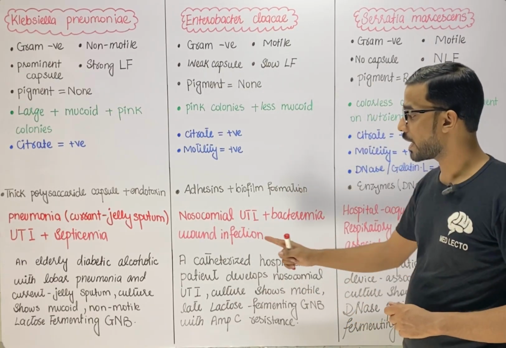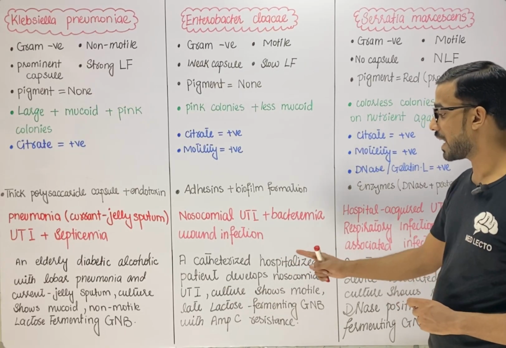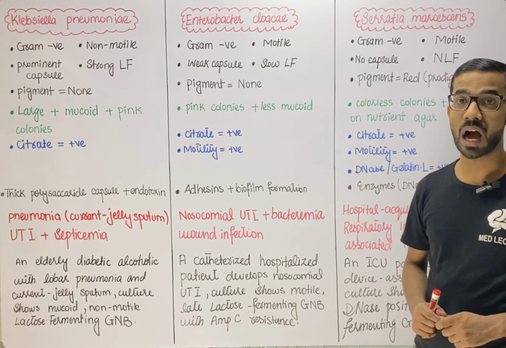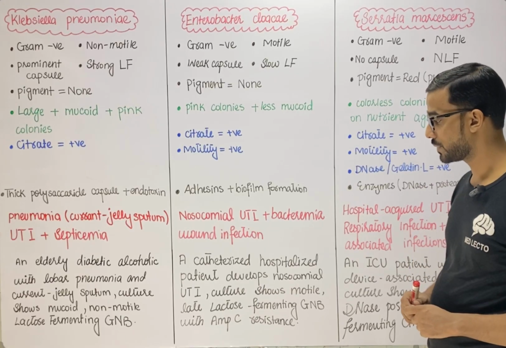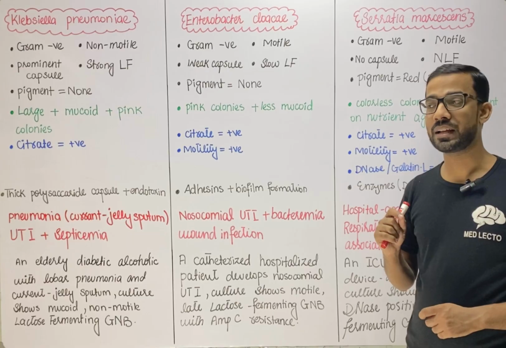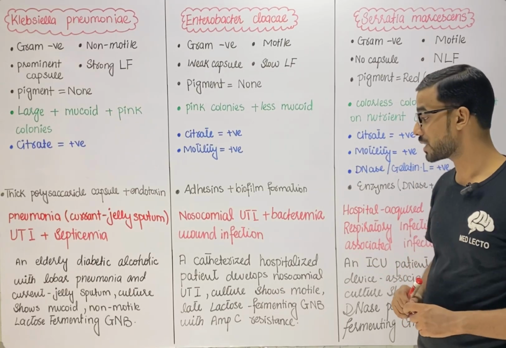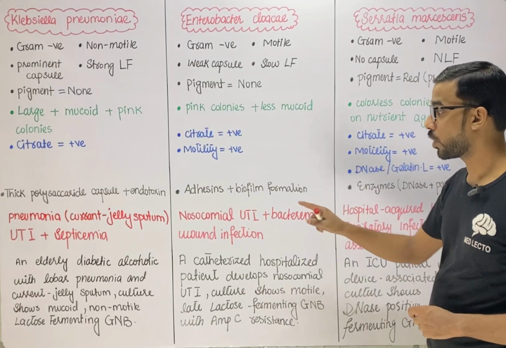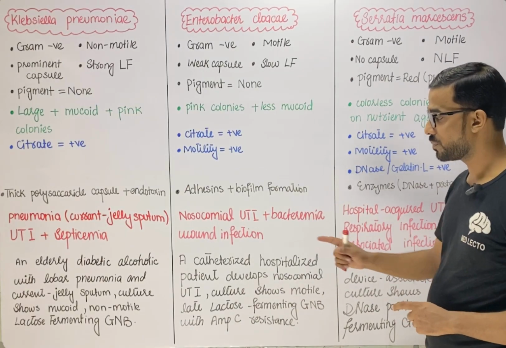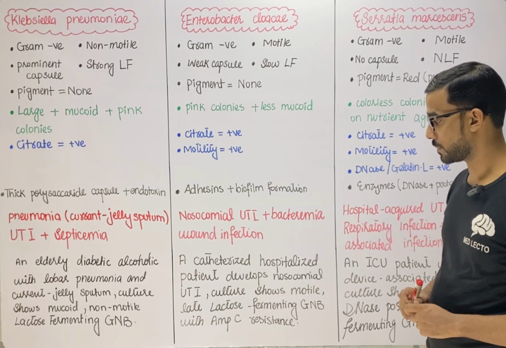The next clinical scenario is a catheterized hospitalized patient who develops nosocomial UTI, urinary tract infection. So history will help you in making a good diagnosis related to these bacteria, because it's a hospitalized nosocomial UTI. So in our history, the patient is also hospitalized.